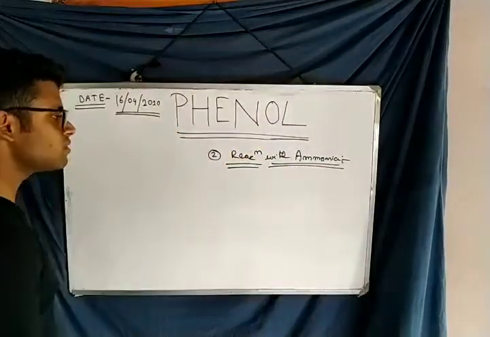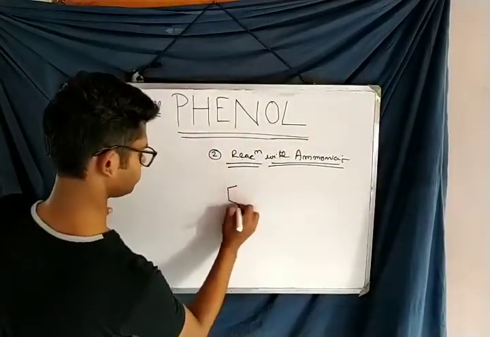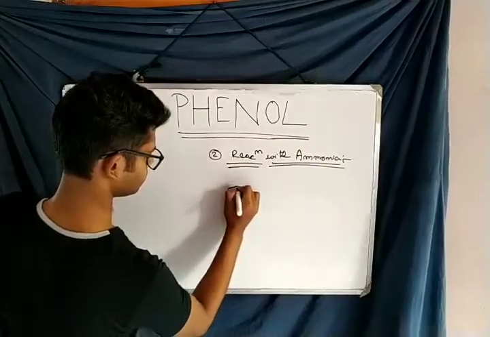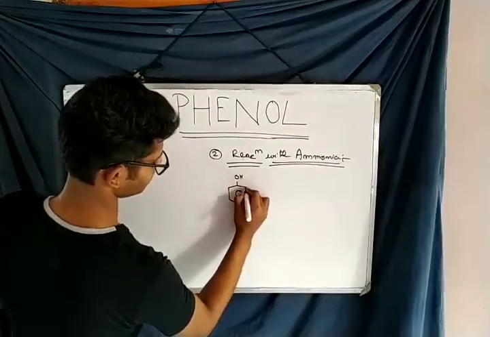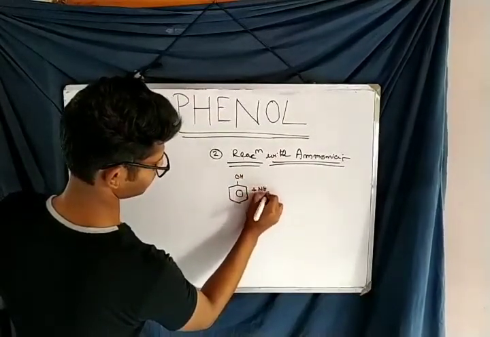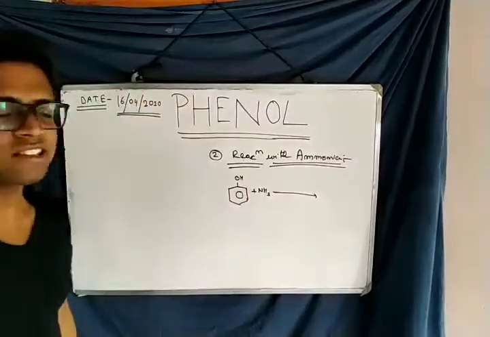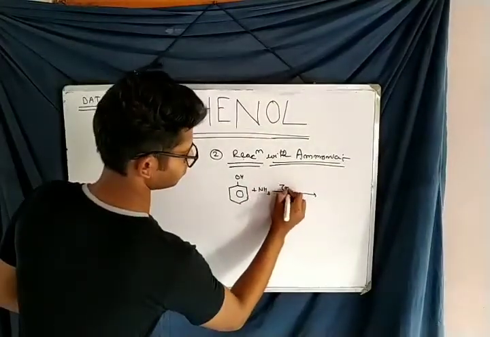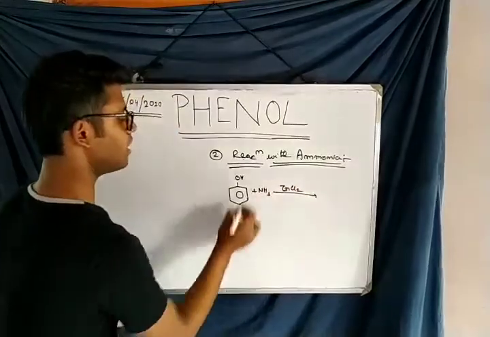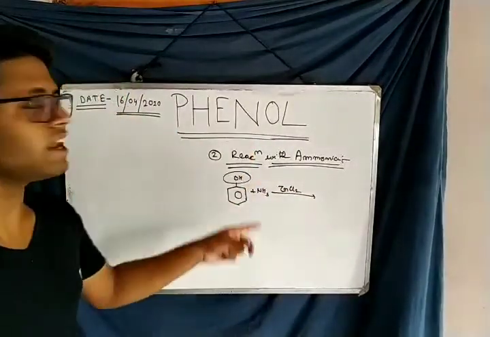When phenol reacts with ammonia, with the reagent ZnCl2, the OH group is totally replaced by an NH2 group.